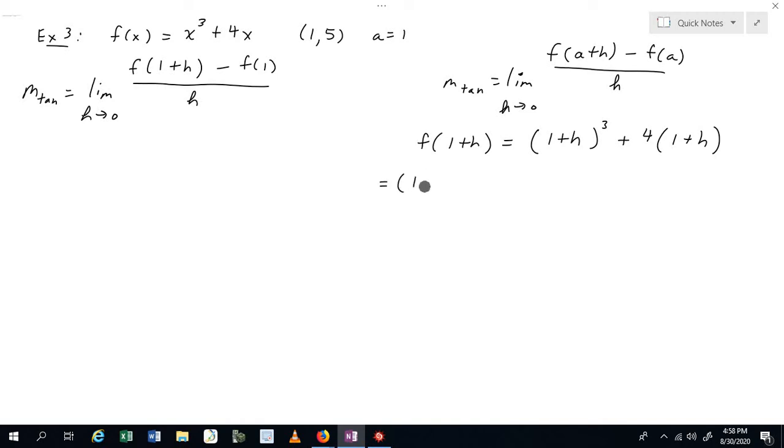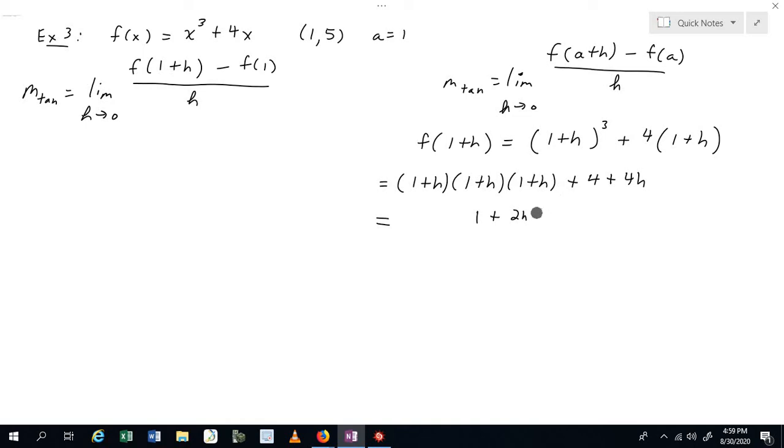Okay, and to cube that out, remember cubing that means you just multiply by itself 3 times. And then let's go ahead and distribute this 4. And so you get 4 plus 4h. And now I'm going to FOIL this out. So you get first is 1, outer is h, and then inner is h, so that's 2h.